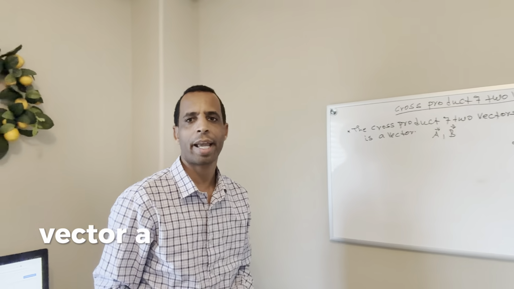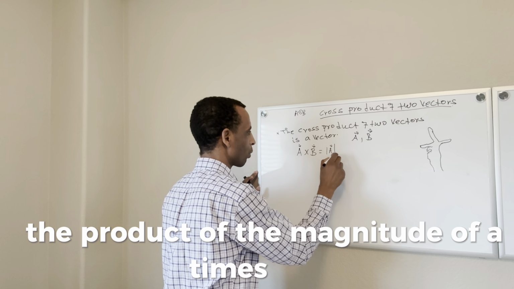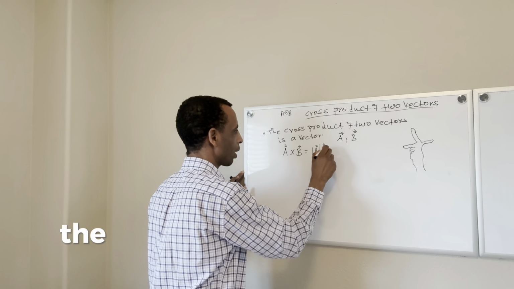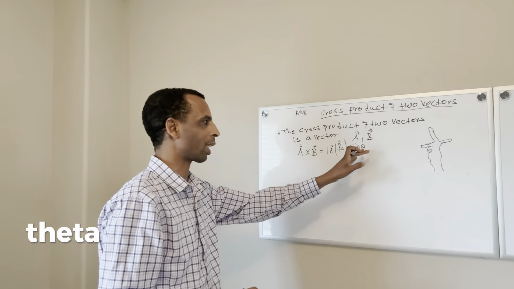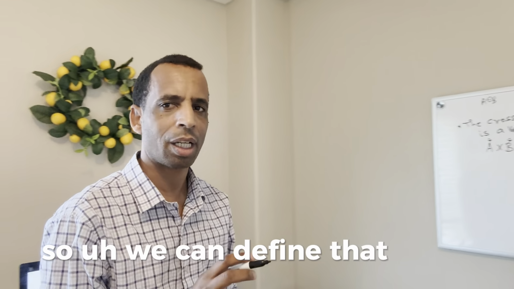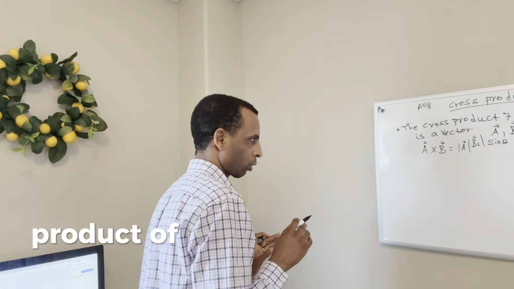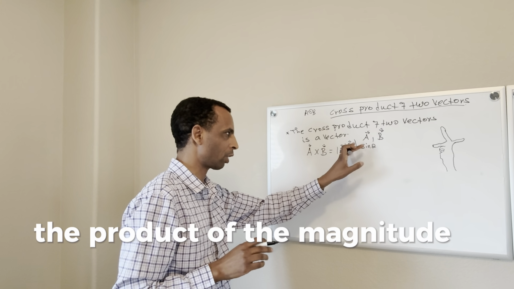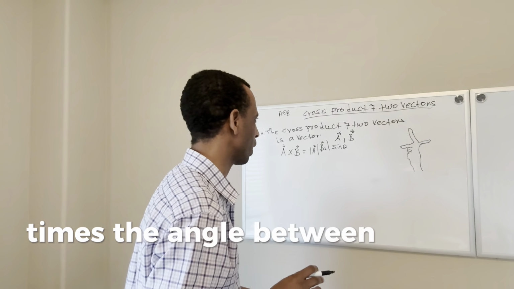So the cross product is the product of the magnitudes of the two vectors times the sine of the angle between them.